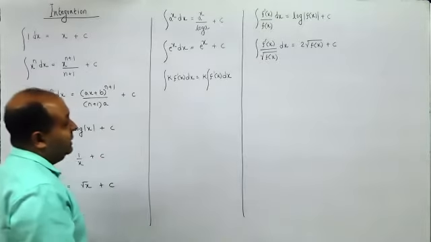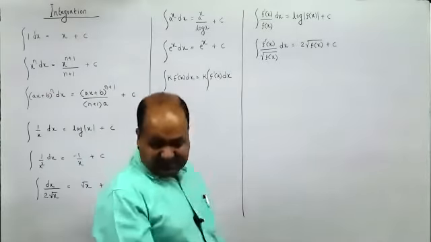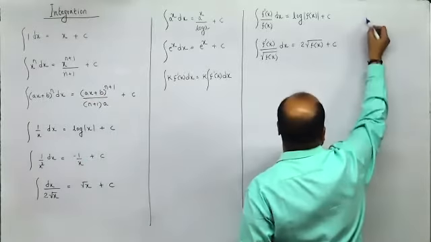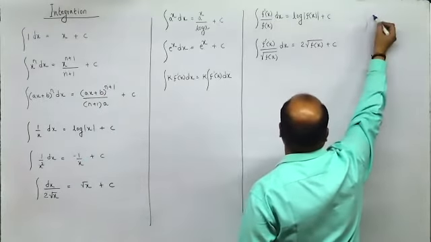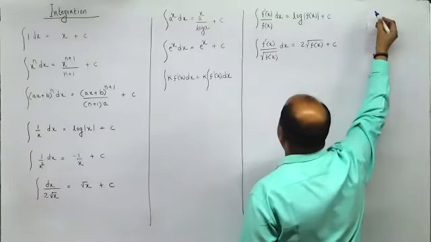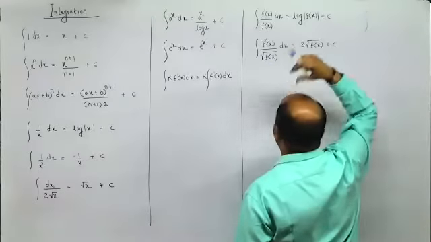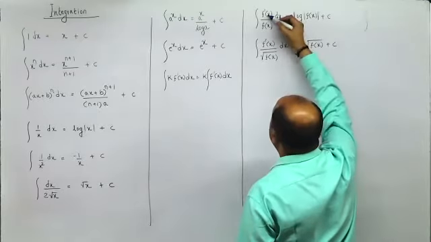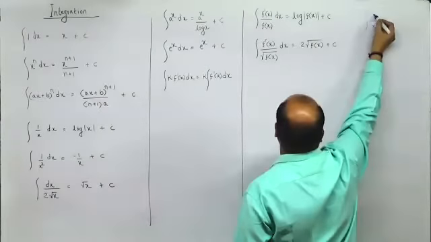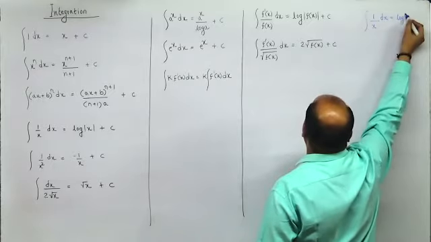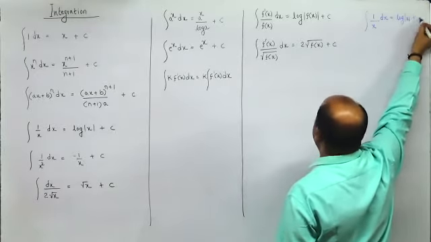I gave you an example here. I told you if it is, say, x here, and this is the derivative of this term, then I can say it is log of denominator plus c.